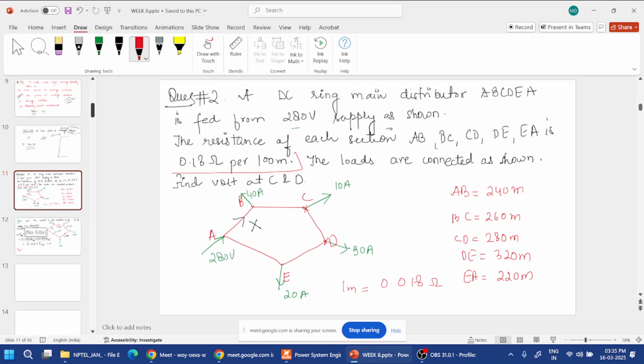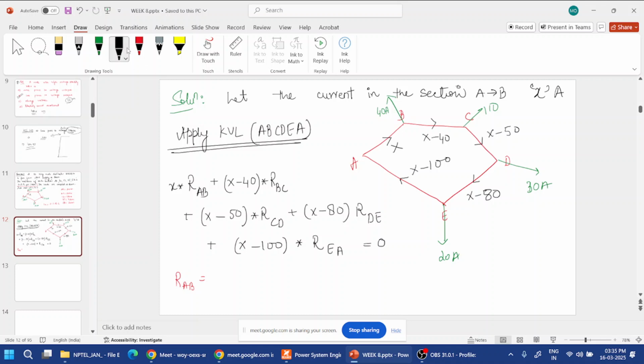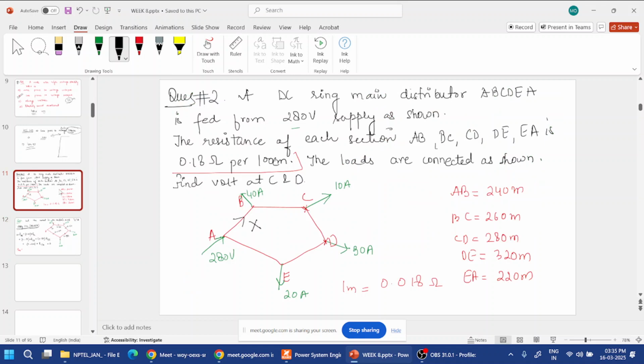I think in this question it should be given per 100 centimeter, because the solution does not correspond to that. Okay, no problem. That's not an issue. Whatever is given in the question, you can solve it. Yes, sir, it is given per 100 meter. But if we implement it, the solution, let me just check.